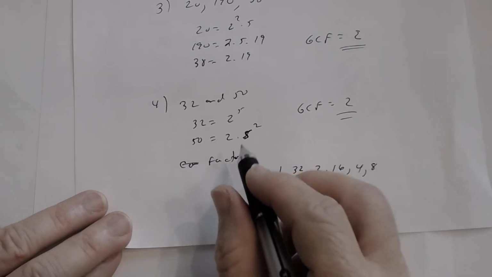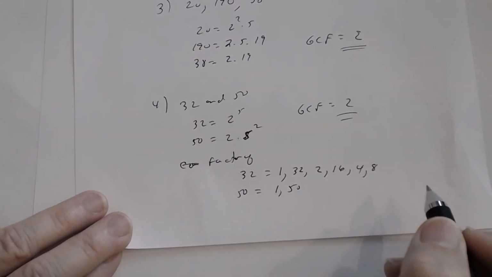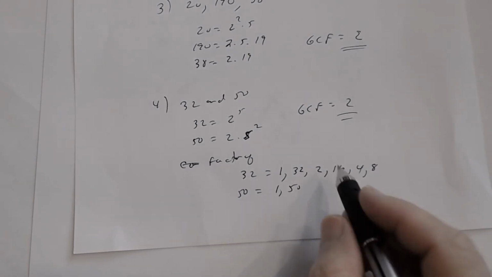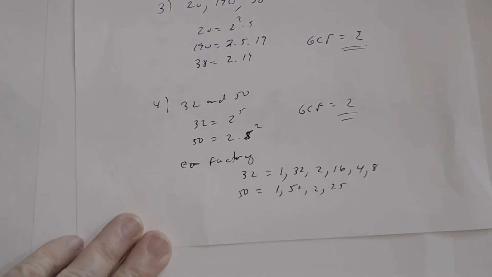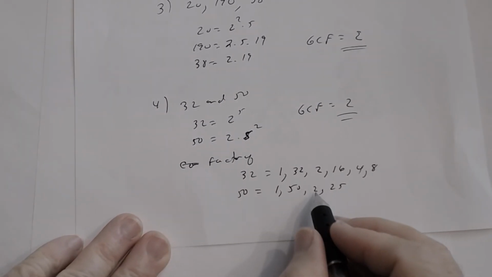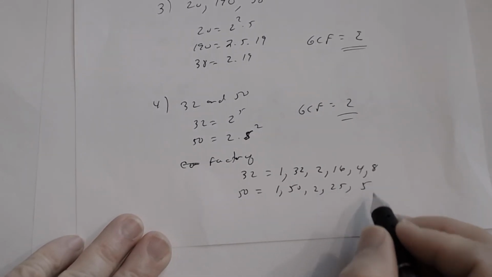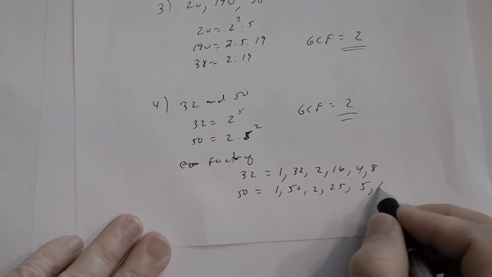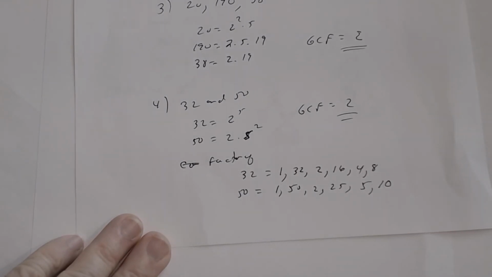So let's look at 50. 1 and 50 are factors of 50, because 1 times 50 is 50. 2 and 25 are factors of 50, because 2 times 25 is 50. 5 is a factor of 50, right? Because 5 times 10 is 50, so 10 is also a factor of 50.